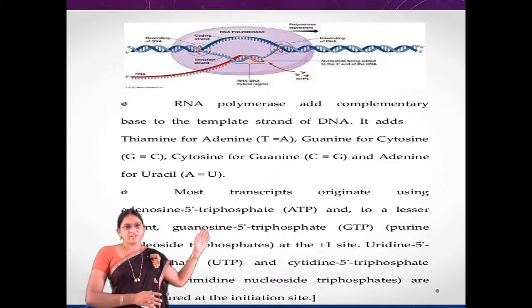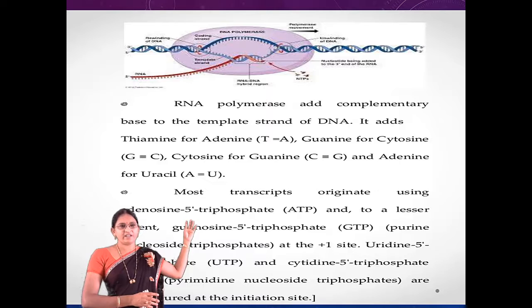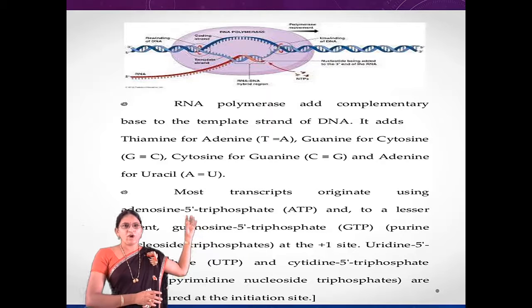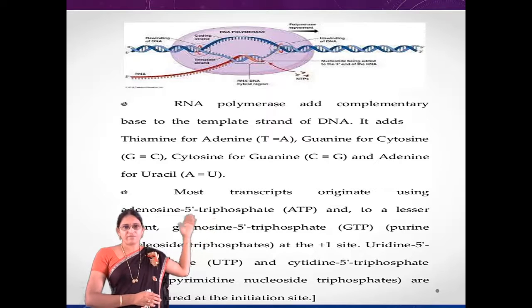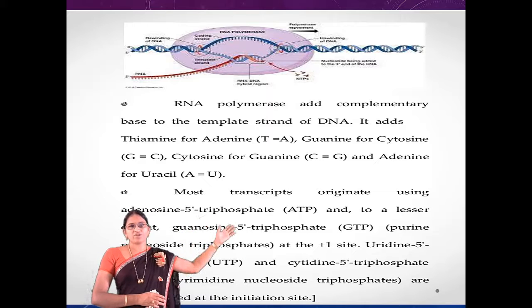Here you can see the picture of how the enzyme binds to the double helical DNA, at the promoter region, and starts the initiation: unwinding of the double helical DNA and synthesis of the RNA in the 5' to 3' direction. Initiation is followed by removal of the sigma factor, followed by elongation of the RNA synthesis.